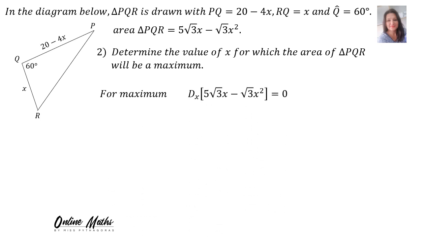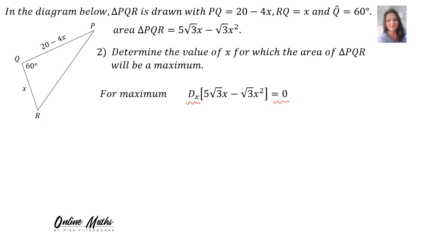Into the equation, now there's your little expression, and then the notation that you will use will be capital letter D with a little x there. And you will equate to 0 because maximum, minimum, differentiate, equate to 0.